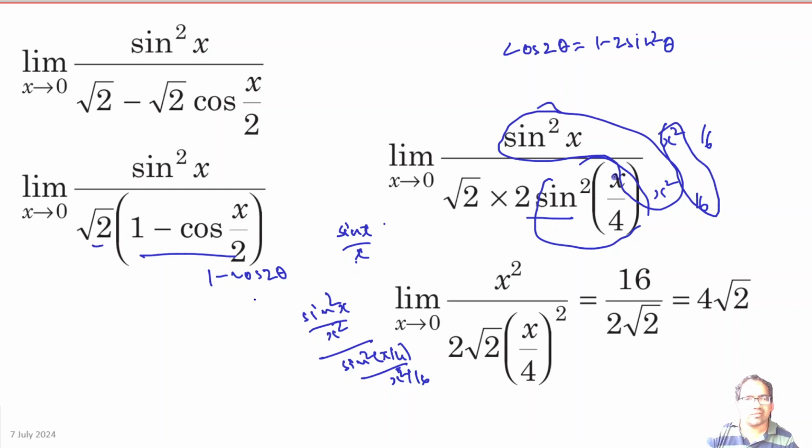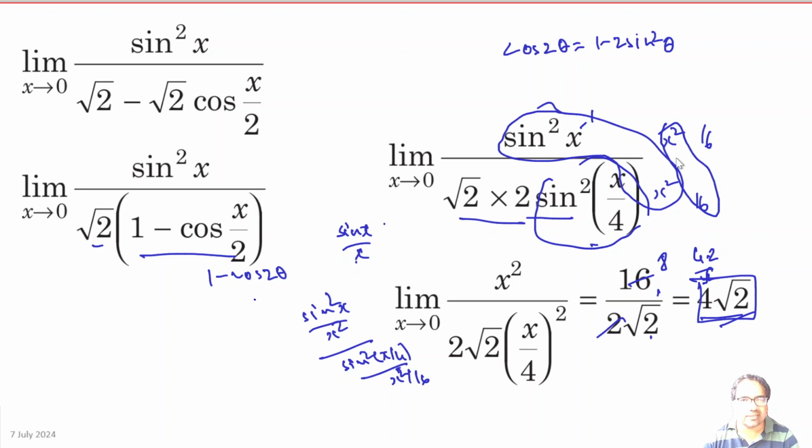So what will be left? This part will become 1 and this one will become 1. We'll be left with 16 by 2 root 2, which is nothing but 8 by root 2, which is 4 into 2 by root 2, which is nothing but 4 root 2. So 4 root 2 is the correct answer.